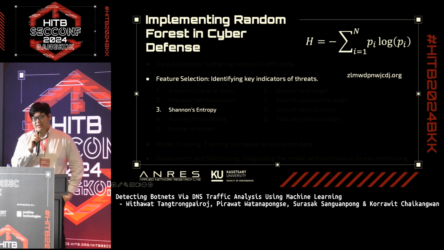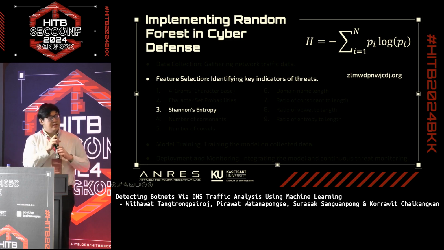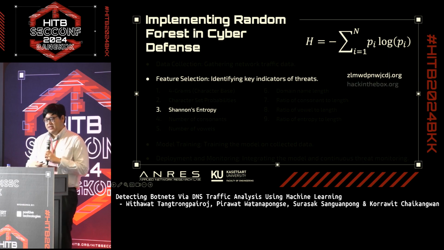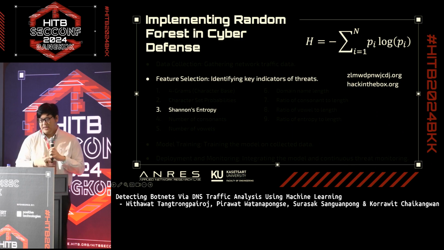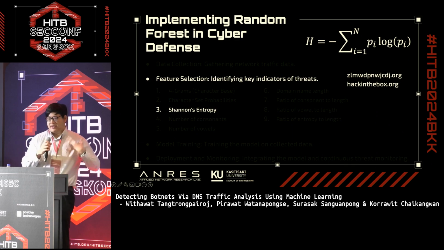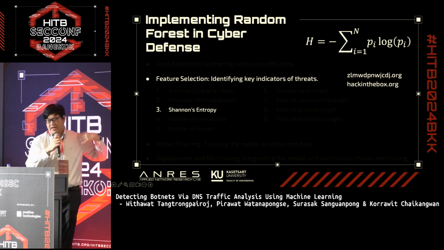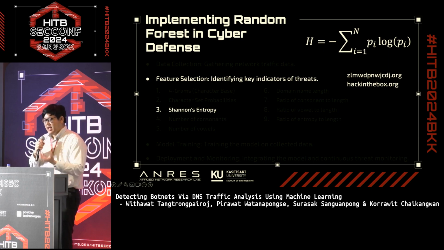These types of domains are more suspicious than straightforward ones, like hackinthebox.org. So we can use it because high entropy is a key indicator that something might be off, signaling something like malicious activity.